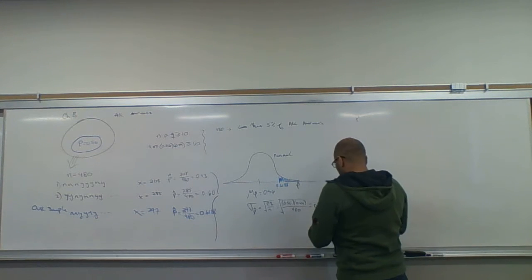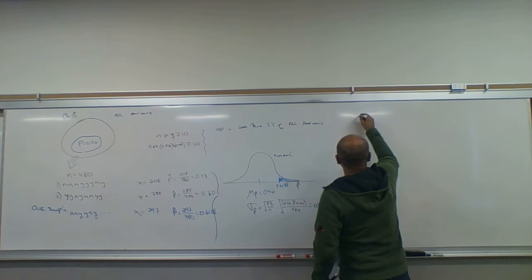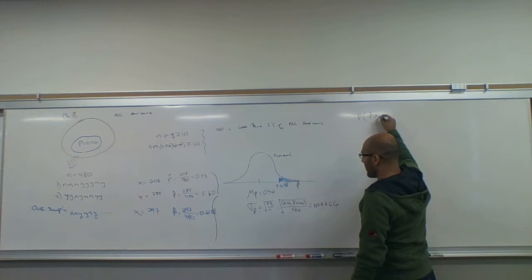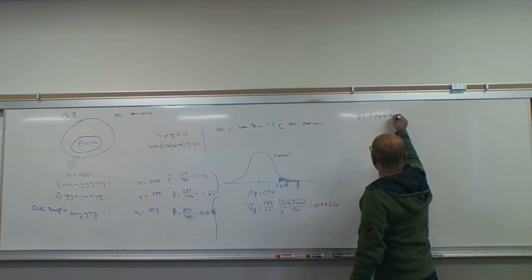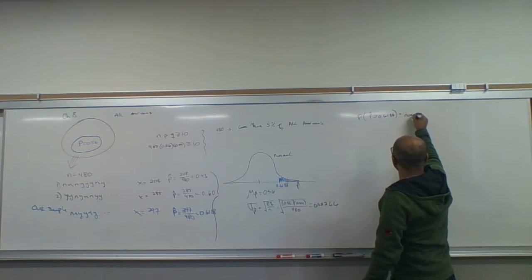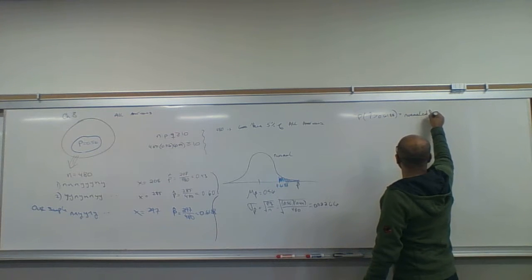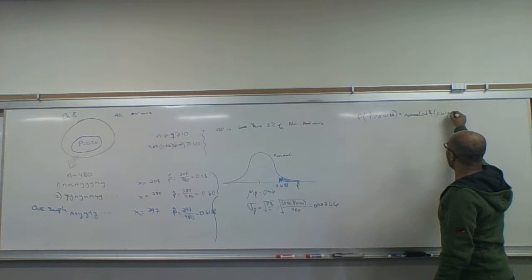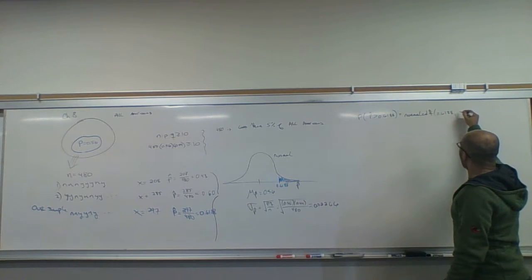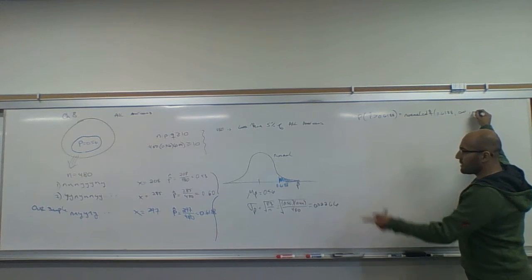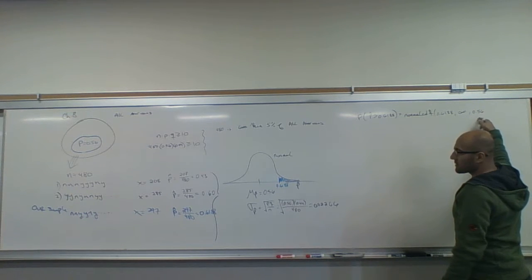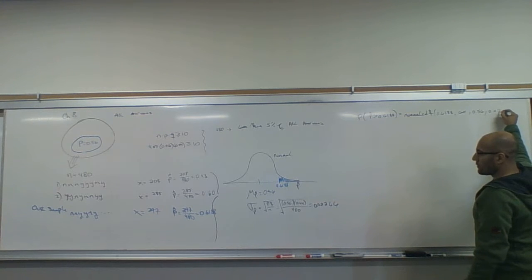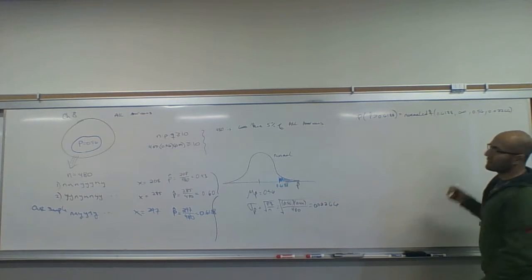So the probability that p hat is greater than 0.6188 is equal to normal CDF of 0.6188 up to infinity with a mean of 0.56 and a standard deviation of 0.02266.